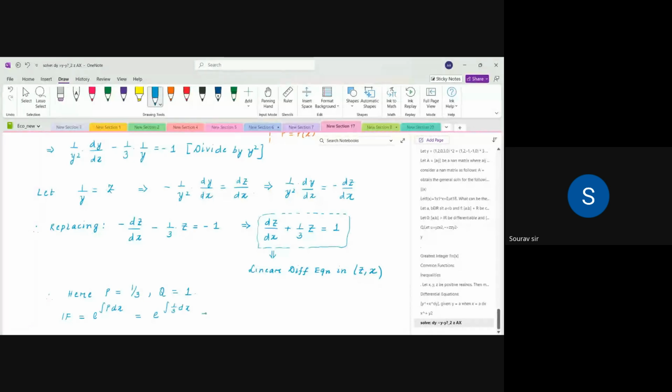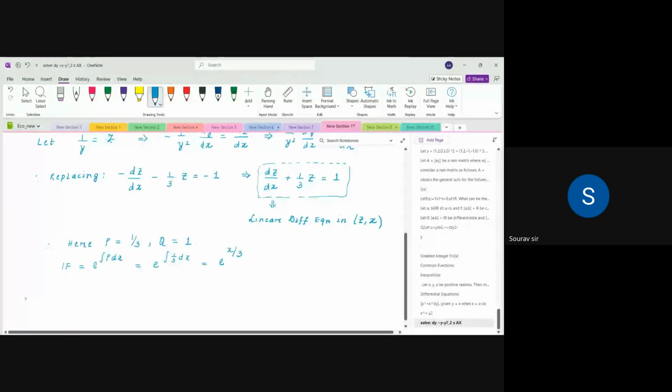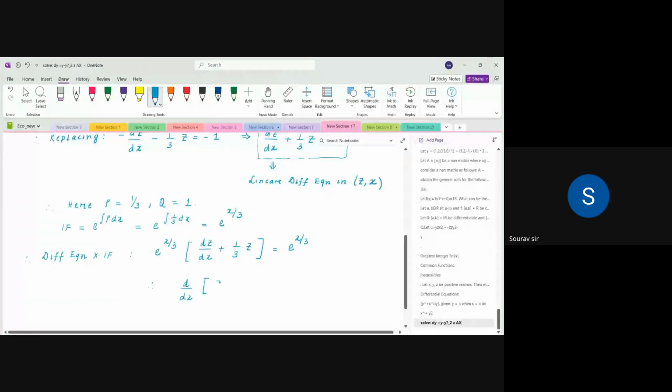Okay, and then what we'll do? We'll multiply the differential equation with the integrating factor. So that will be e raised to the power x by 3 into dz by dx plus 1 by 3 times z is equal to e raised to the power x by 3.